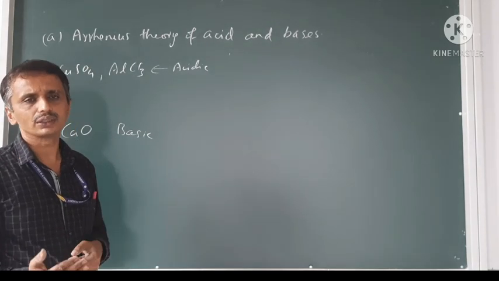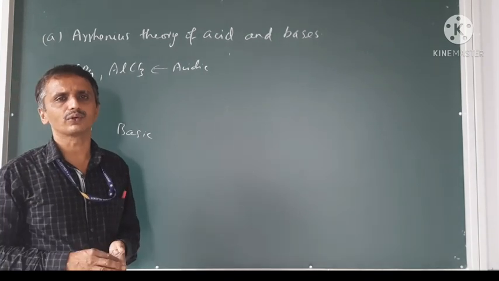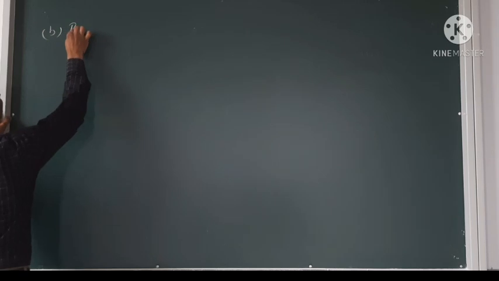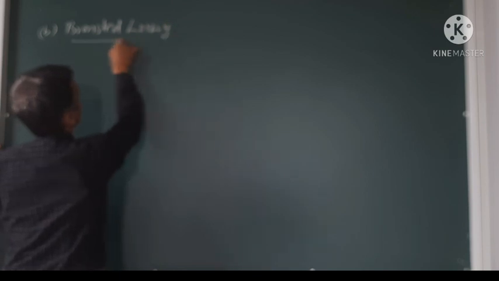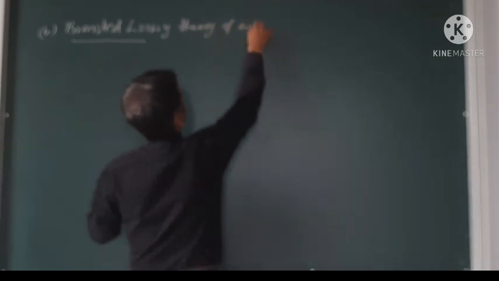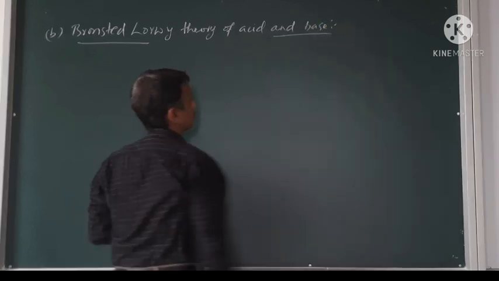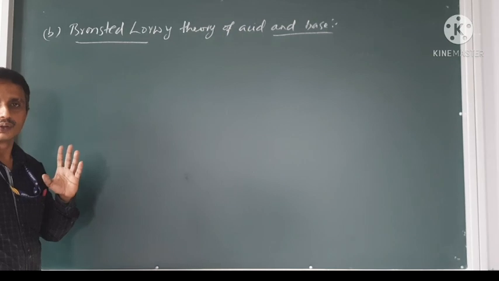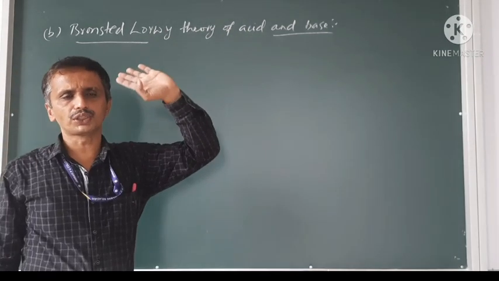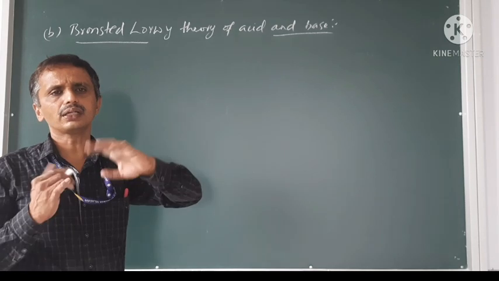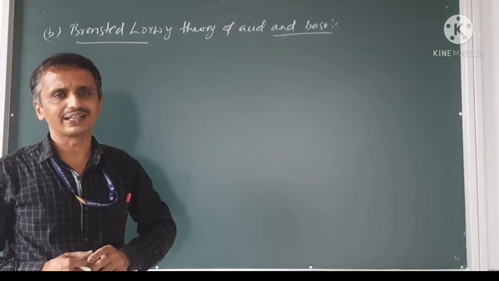So the next theory, the Bronsted and Lowry theory of acid and base, was put forward. See, according to Bronsted and Lowry, a little modification was done from the Arrhenius theory of an acid.